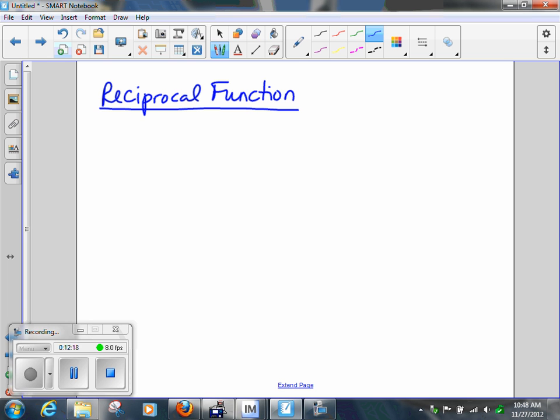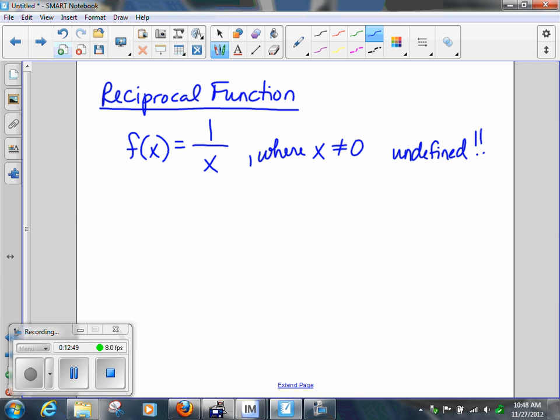Reciprocal function, folks, looks like this. F of x is equal to 1 over x. What can x not be? Why? X cannot be 0, because it'll be undefined. If x were 0, then it would be undefined, and that is not a good thing.